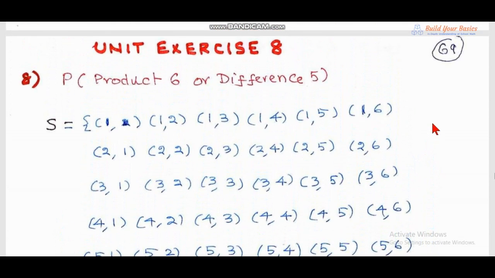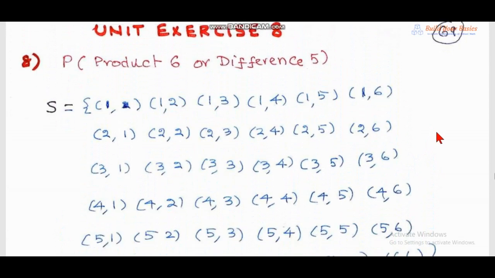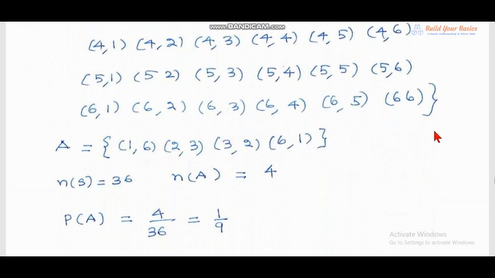The sample space for this experiment of rolling 2 dice is having 36 elements. Number of elements in the sample space S is 36.